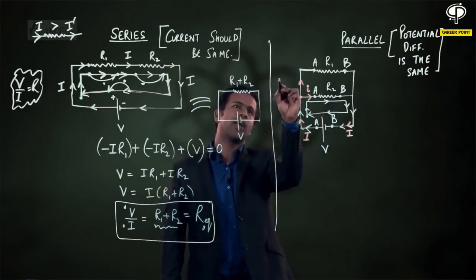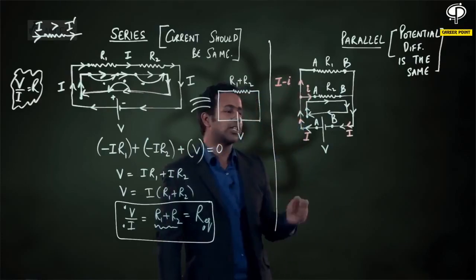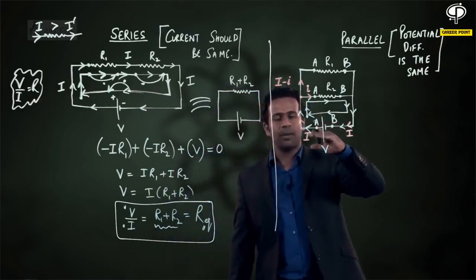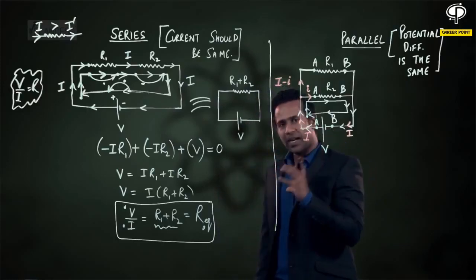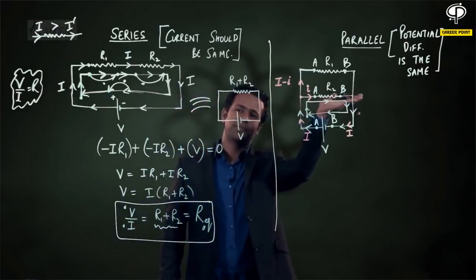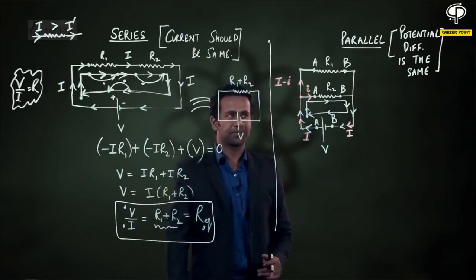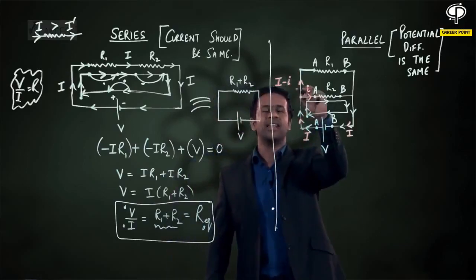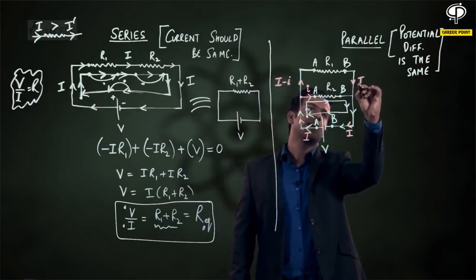That current, could I say, would be capital I minus small i, because capital I was the total amount of current that was coming to this junction. Of this capital I current, small i current left this branch. So the remaining current will move in the upward direction. Right. So if I minus i current goes here, the same current returns at this point.